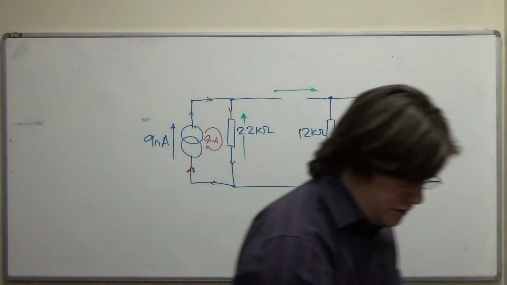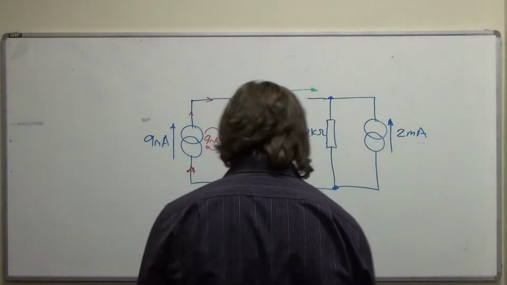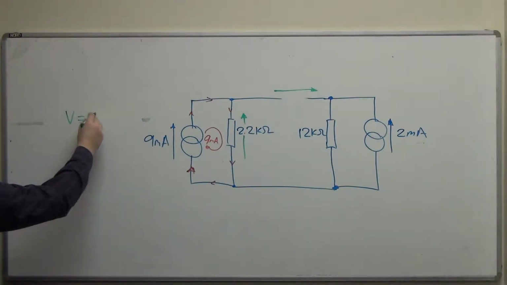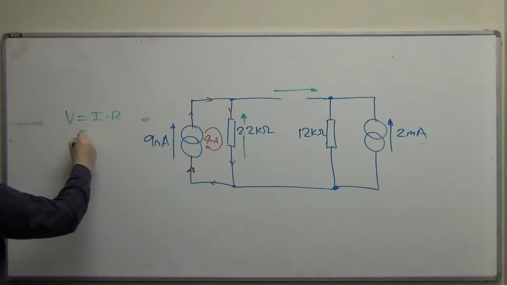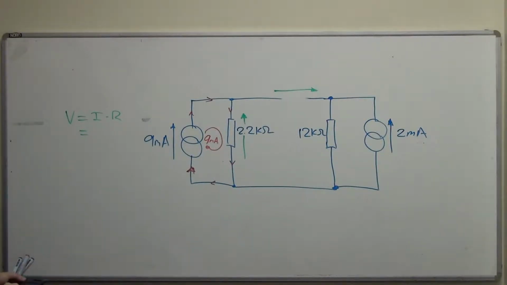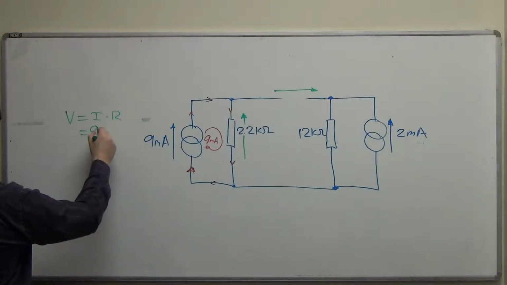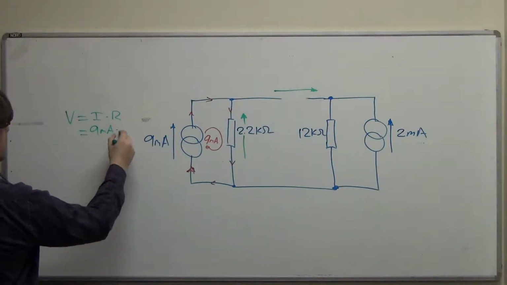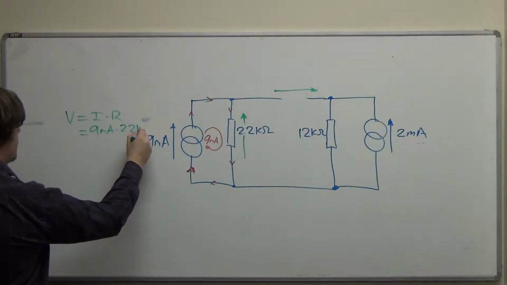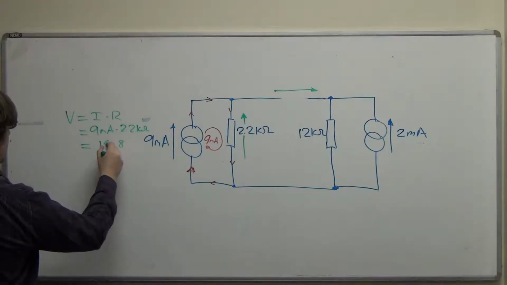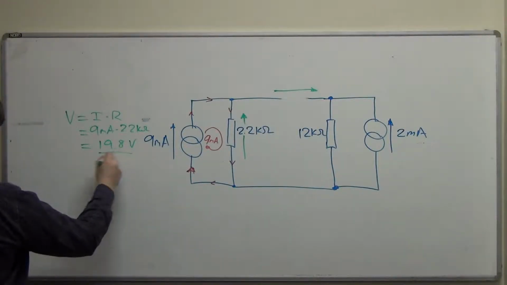So 9 milliamps and 2.2 kiloohms, well, if we apply Ohm's law, we'll have V is equal to I times R, which is 9E minus 3 times 2.2E3, go. 19.8 volts, so 9 milliamps times 2.2 kiloohms is 19.8 volts.